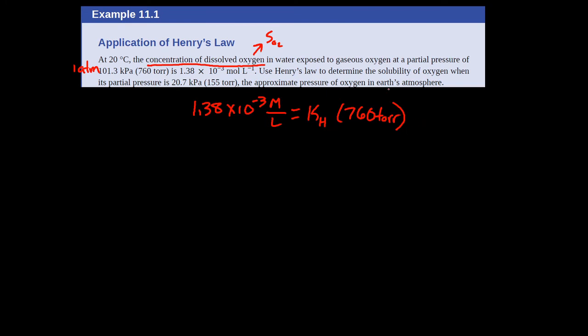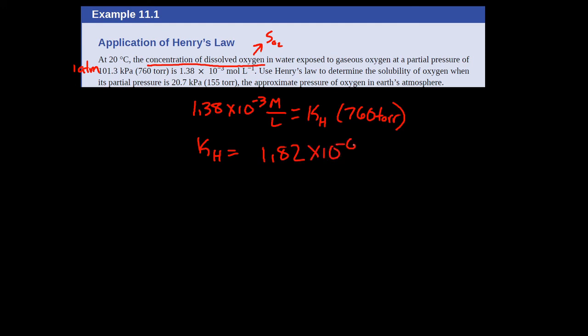So then if I solve that for the constant, let's see what I get. 1.38 times 10 to the negative 3 divided by 760 torr. The constant would be, let's see, 1.82. We'll just cut it off there.